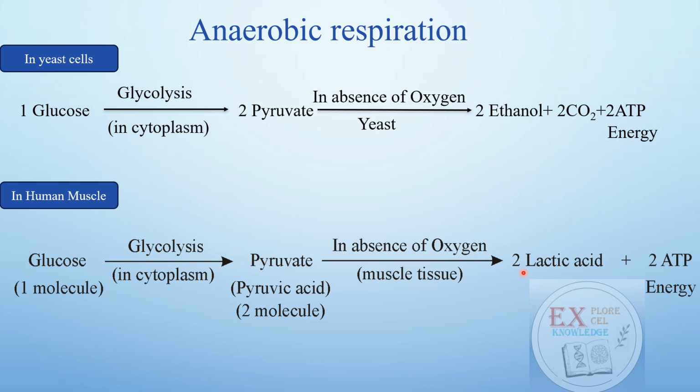The accumulation of lactic acid causes muscle cramps. After some time, with increased blood flow, the oxygen level increases again, after which the muscles break down this lactic acid into carbon dioxide and water and relieve the cramps.